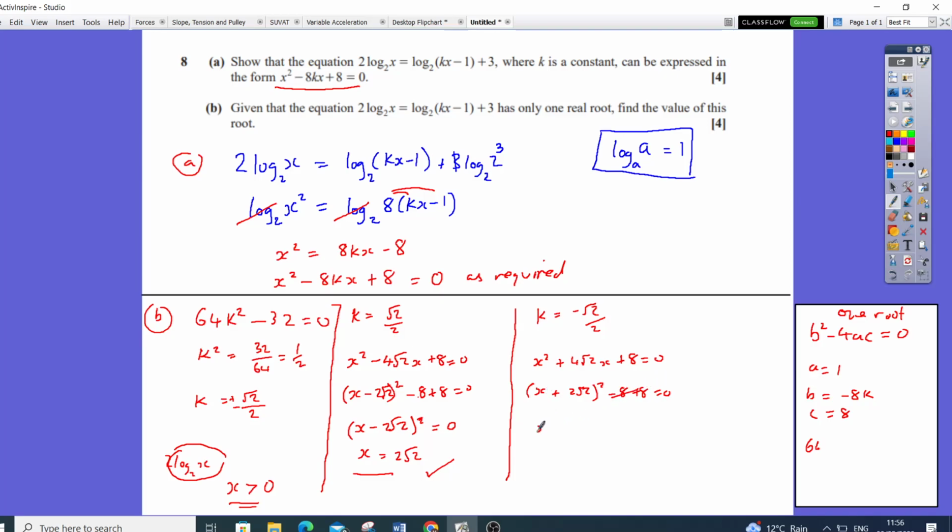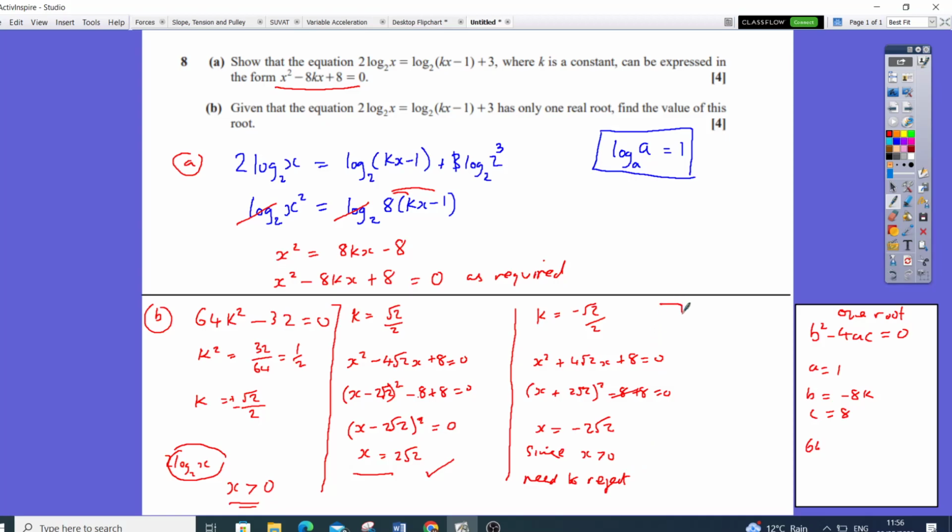So then you end up with x equals, that's the only root here, which is going to be minus 2 root 2. And this time, since x has to be greater than 0, we cannot accept this, and need to reject.